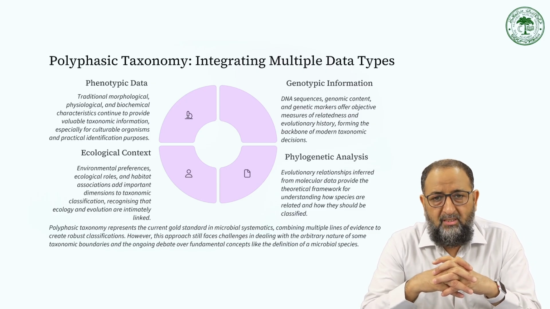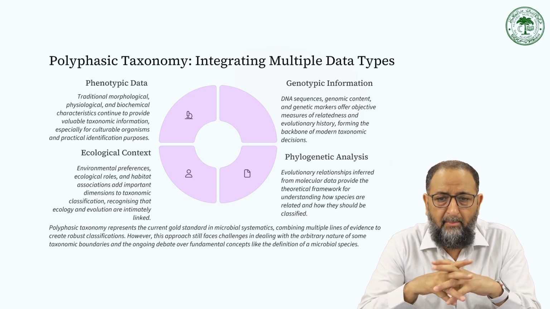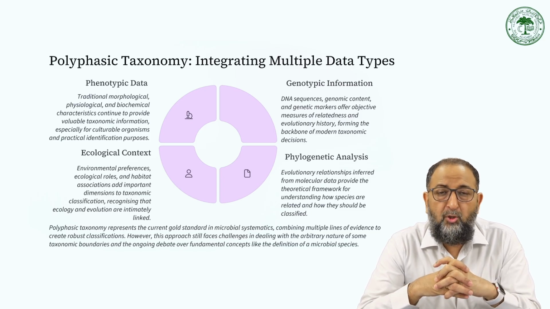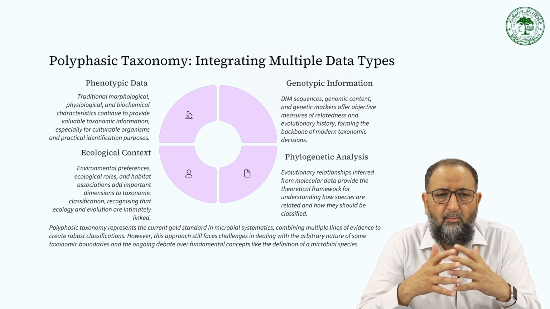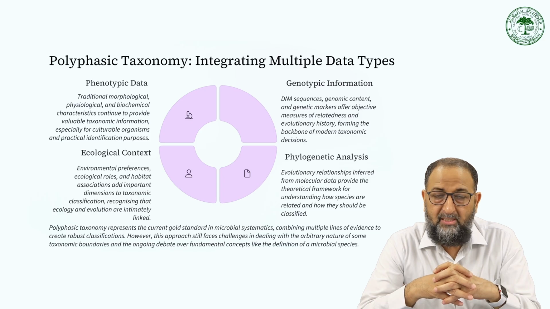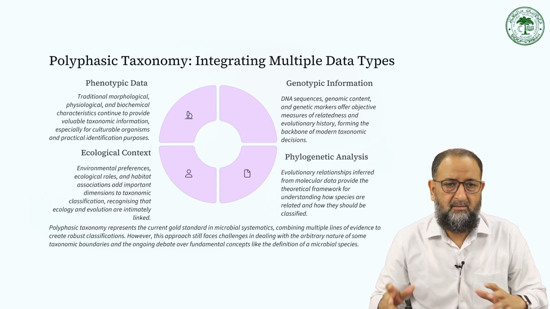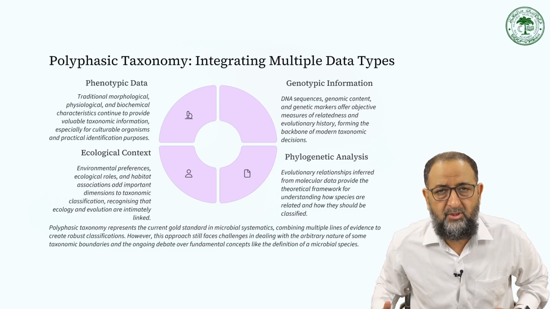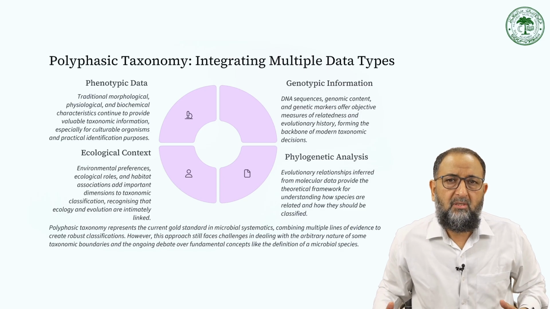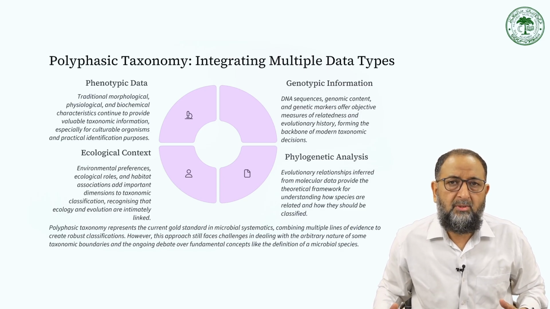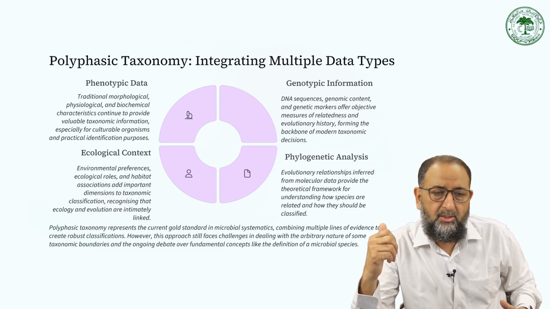Polyphasic taxonomy integrates multiple data types. We have multiple domains, for example phenotypic data. Phenotypic data covers the traditional morphological, physiological and biochemical characteristics, as we discussed in my earlier lectures on microbial diversity and systematic classification, where we talked about methods related to physiology, nutritional requirements, culture and metabolic conditions.